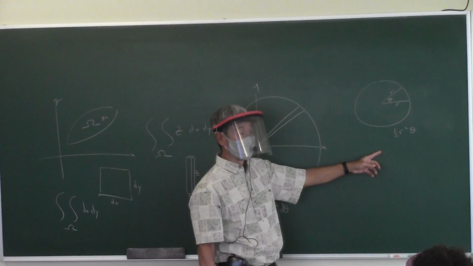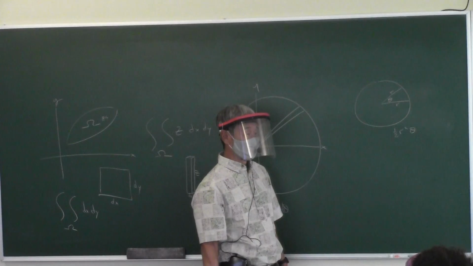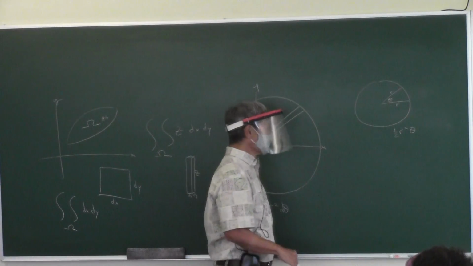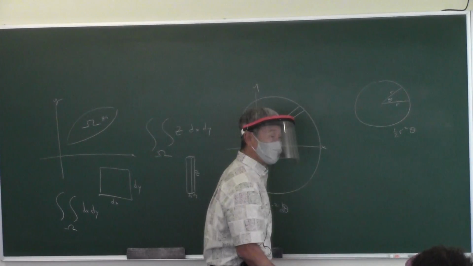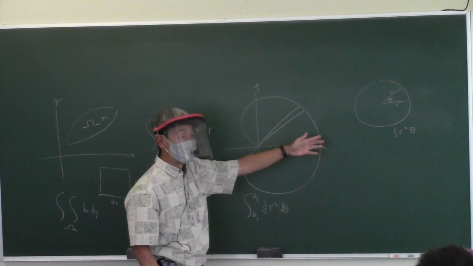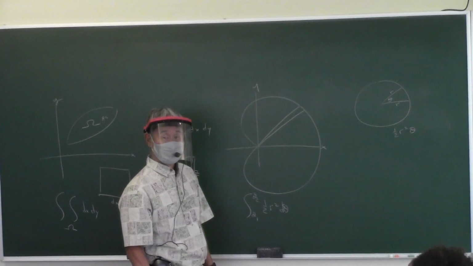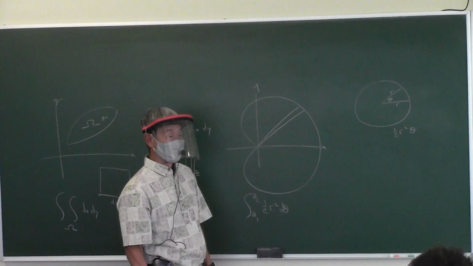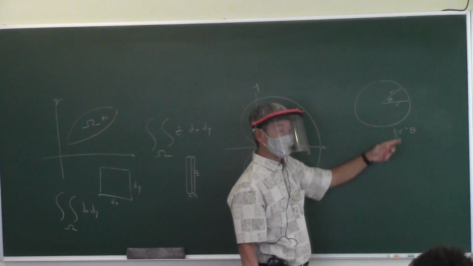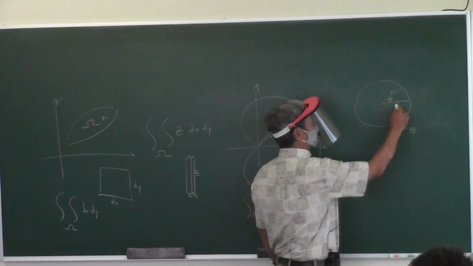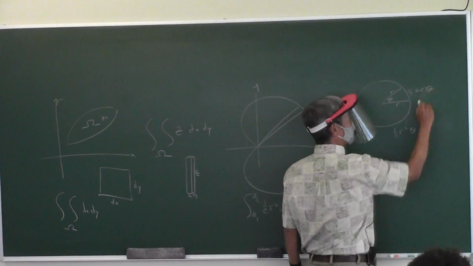Are you in event 4? Yes. You have to know how to find the area of a sector. And then arc length is equal to r theta, right?